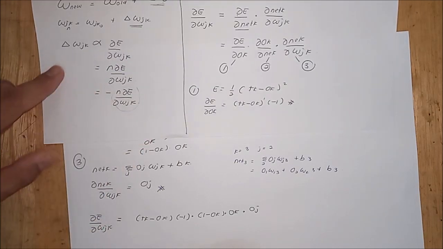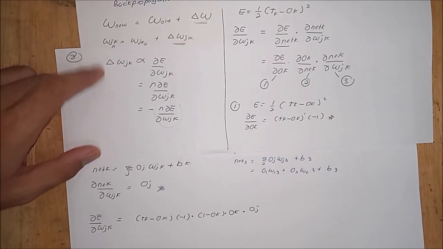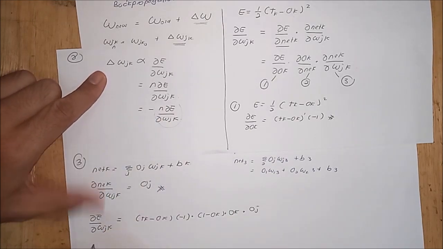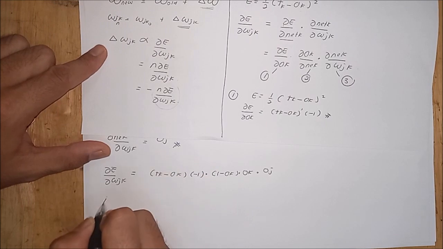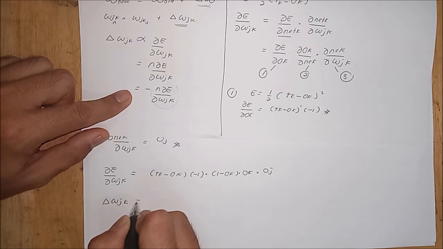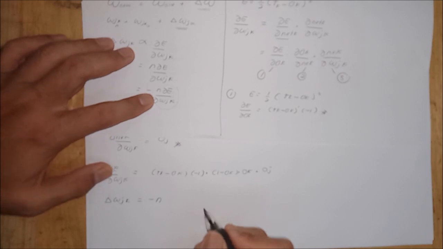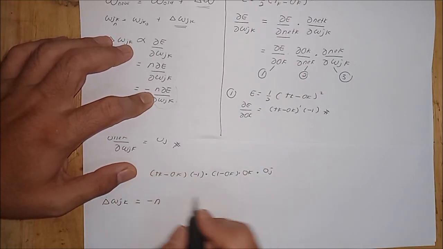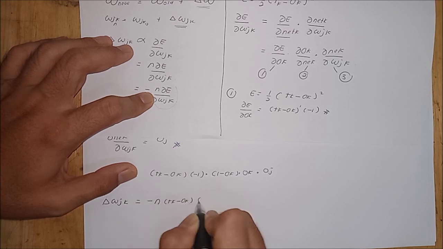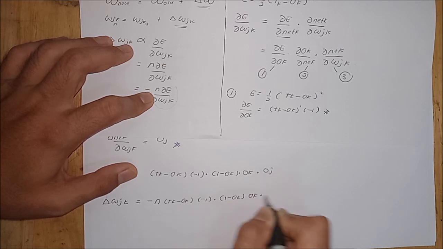Finally, since the output that we wish to find is delta wjk, in this case delta wjk equals negative eta dE over dwjk, equal to the whole part of this equation: negative (tk minus ok) times (1 minus ok) times ok times oj.